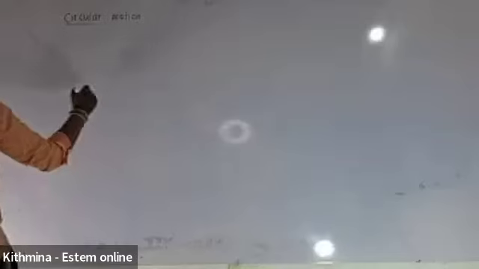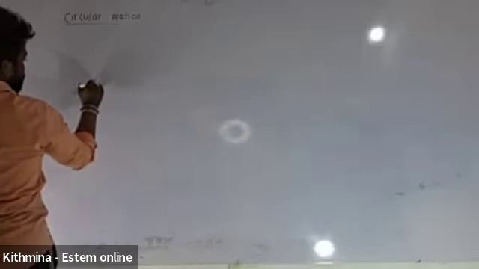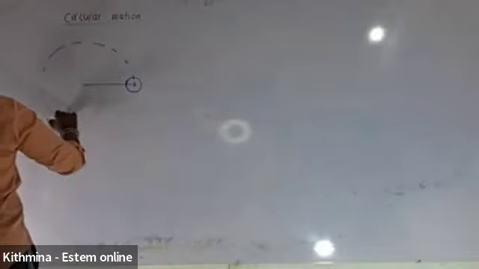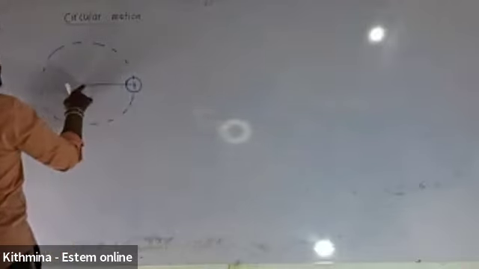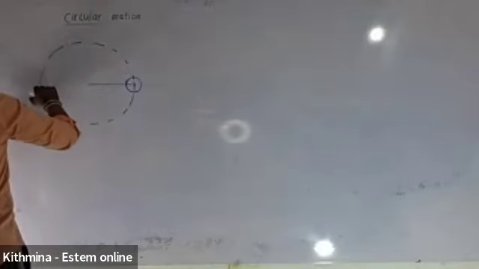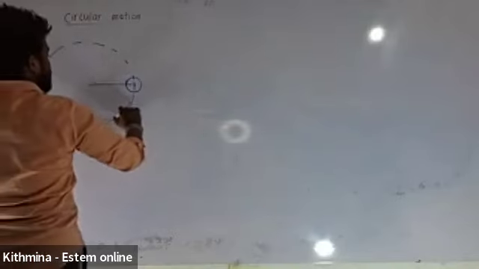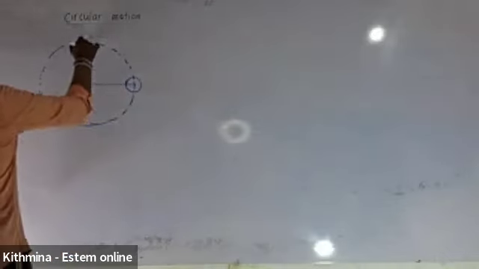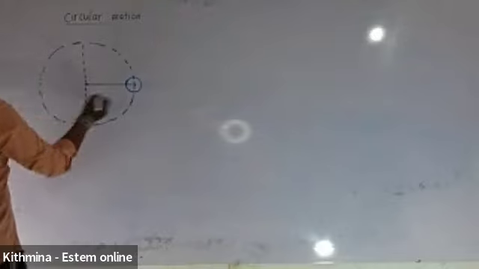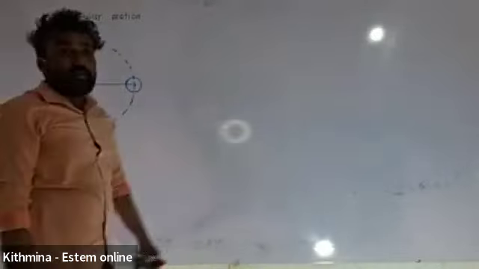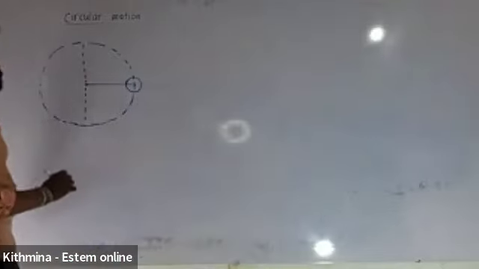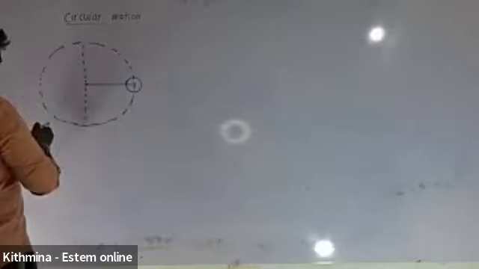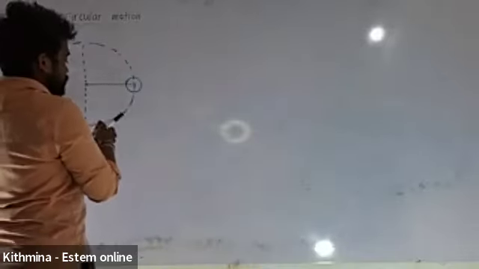Circular motion means an object is traveling in a circular path. That is circular motion. There are two types of circular motion.